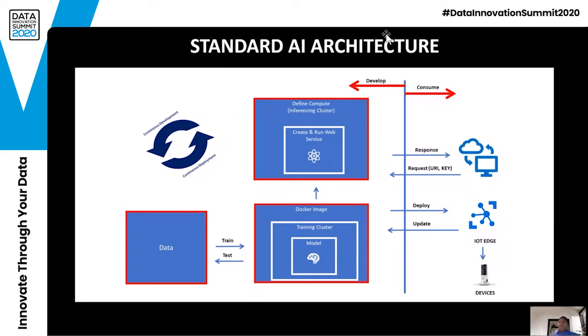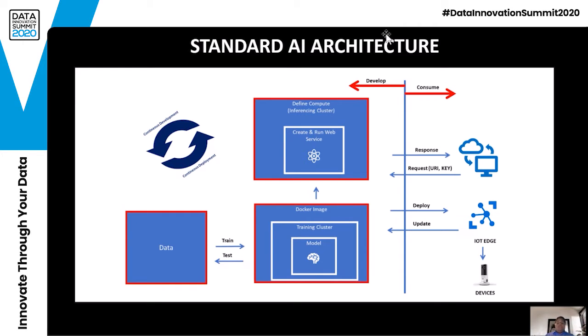Trust. I would like to familiarize you once again with the standard AI architecture that we generally follow at Microsoft in most of the cases. You have some data sets, the data is stored somewhere, maybe your Azure storage or some other storage, and then you get the data to train, test and evaluate using a model, and you run that model or the algorithm inside a training cluster.